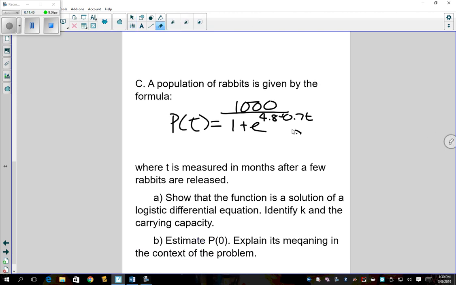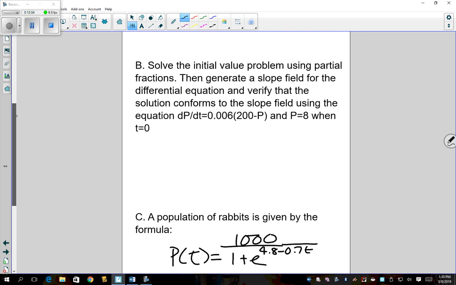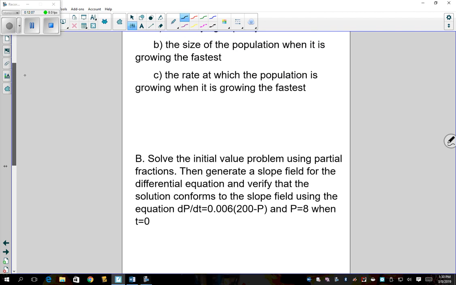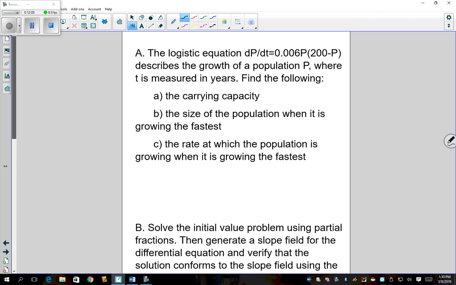It should be 4.8 minus 0.7t. That was getting a little smudged there. And then we're asked to show that the function is the solution of a logistic differential equation. So we're asked to find k and the carrying capacity. And then we're asked to estimate P sub 0 and explain its meaning in the context of the problem. So go ahead, pause the video, see if you can get any one of these three problems, and then make sure to note which problems you're able to get and where you're stuck.